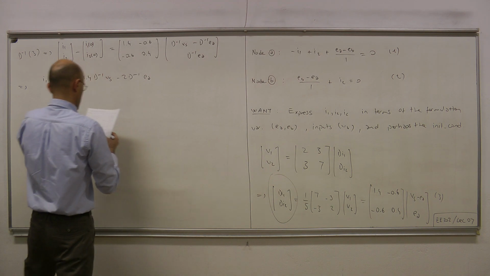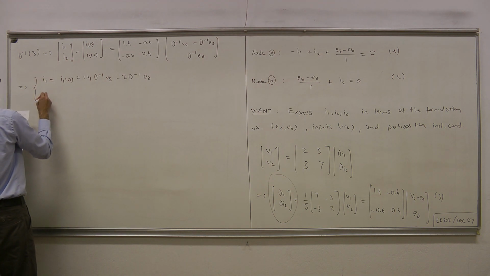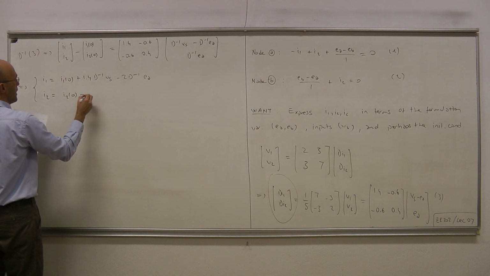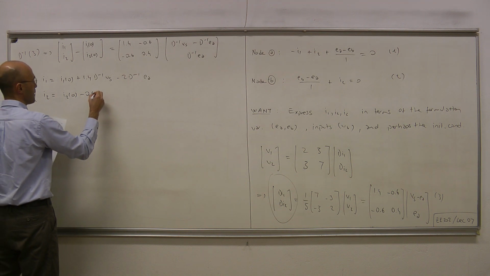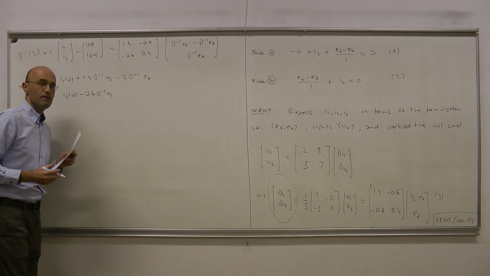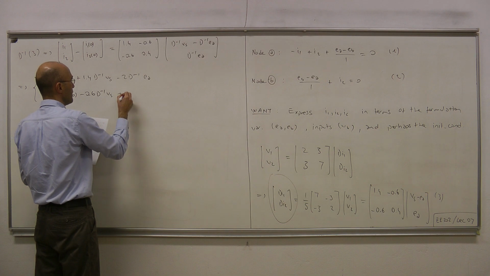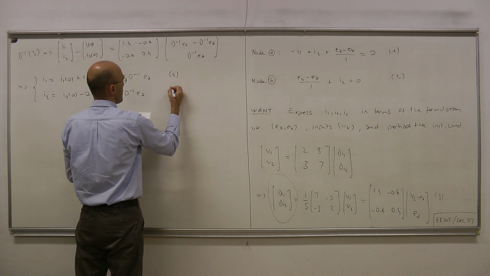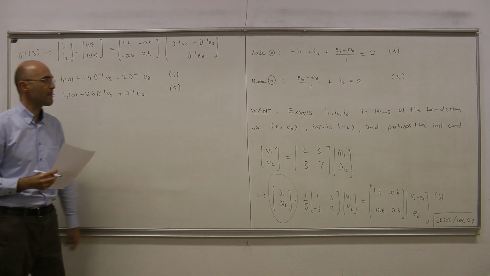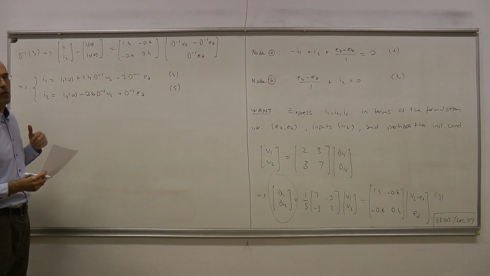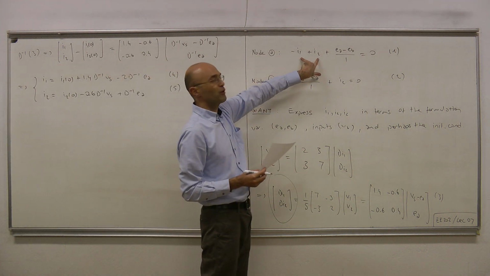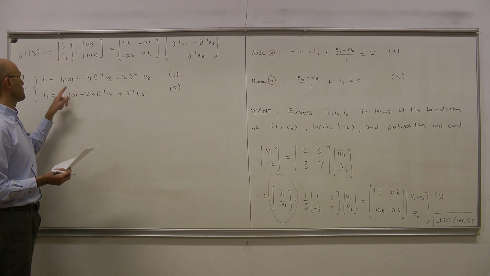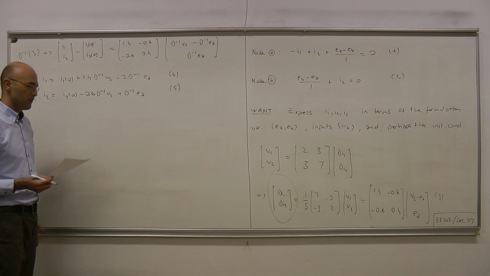So that's I1, and as for I2, we have I2,0 minus 3 over 5 integral of ES, then the integral of EA. Let's call these equations 4 and 5. Okay, and now we have what we want, namely expressions for I1 and I2 in terms of our formulation variables, initial conditions, and also the input.